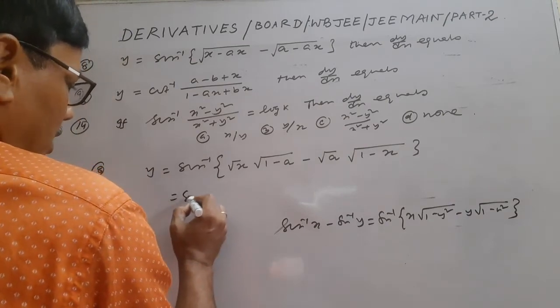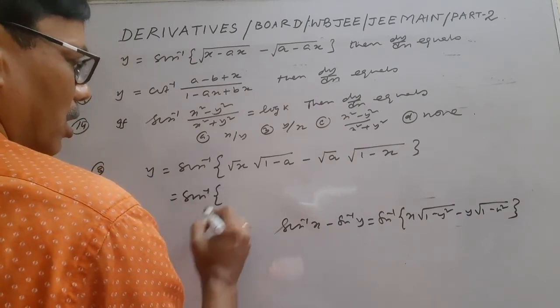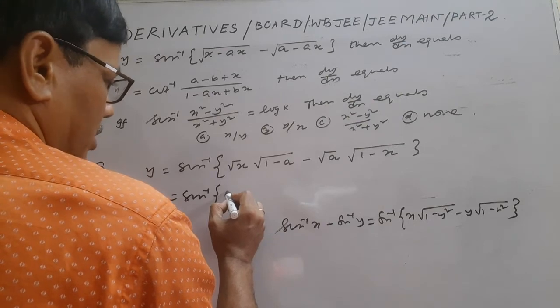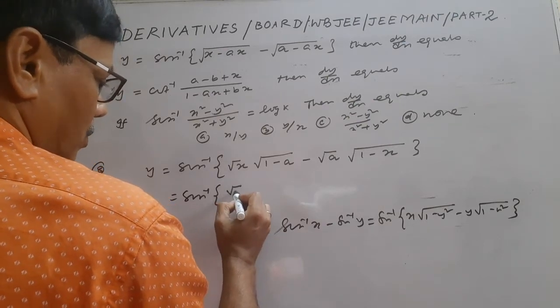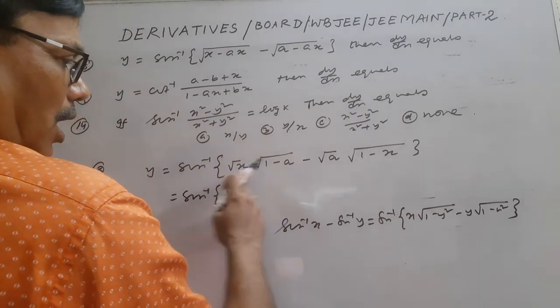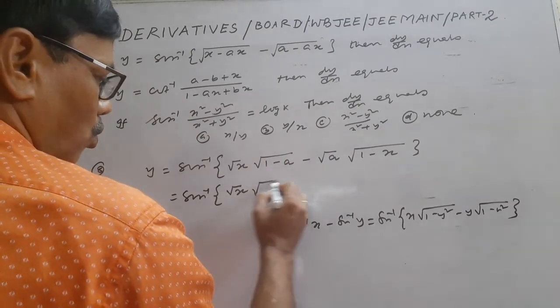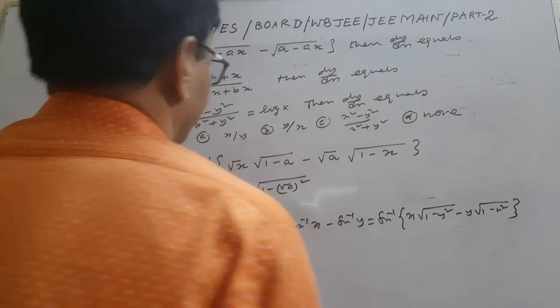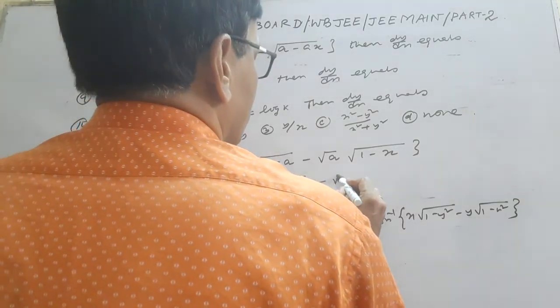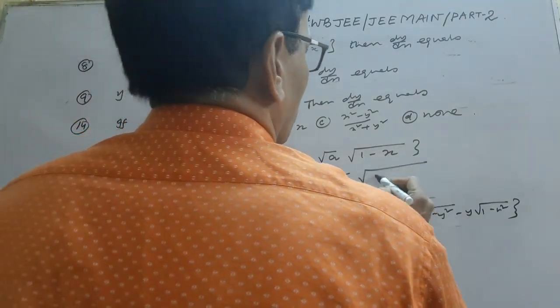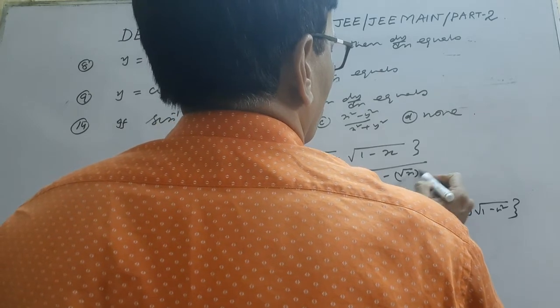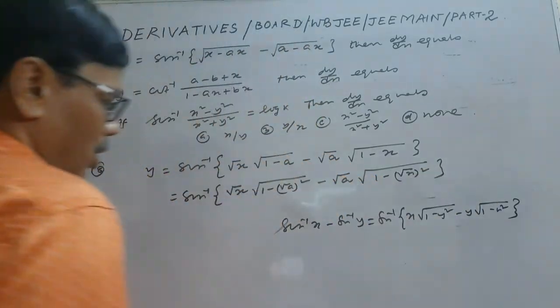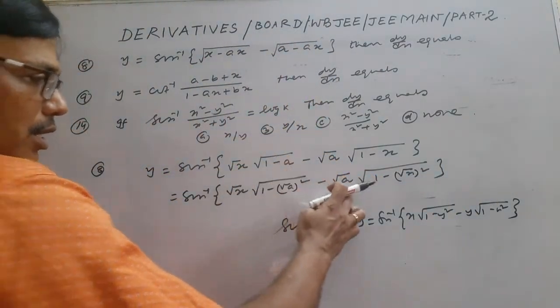So look, sine inverse root x, this is x and this is y. So 1 minus root a whole square, and you can simplify it. Root a into 1 minus root x whole square. So look, 1 minus a.